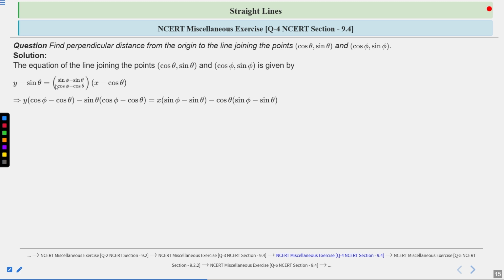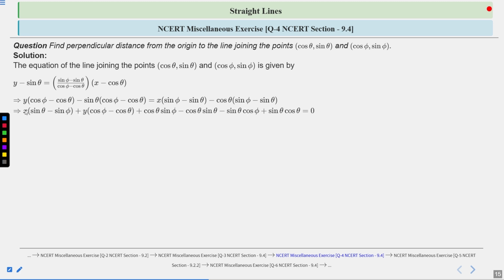If we simplify, cross multiplying by cos phi minus cos theta on both sides, we obtain y times (cos phi minus cos theta) minus sin theta times (cos phi minus cos theta) equal to x times (sin phi minus sin theta) minus cos theta times (sin phi minus sin theta). Okay, so now simplify it.